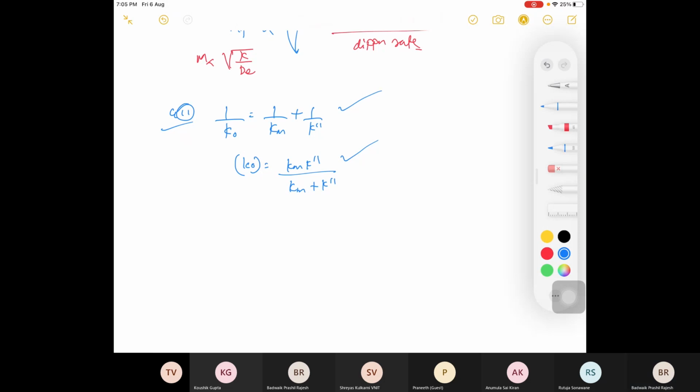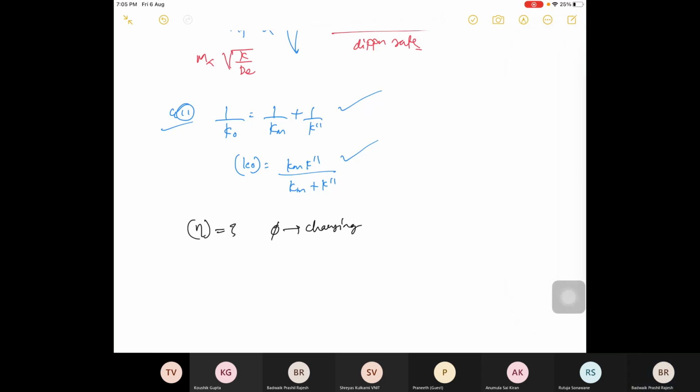Okay, now you just open the 2015 question. It has been asked to find the effectiveness factor, and your Thiele modulus is changing. Please read that question if someone is having it.